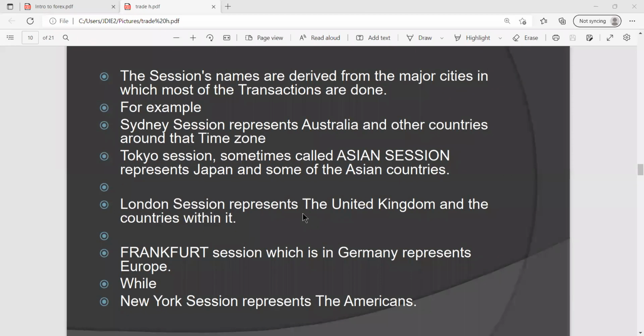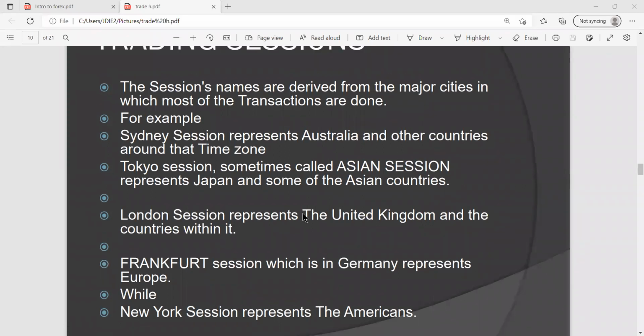Then we have the Frankfurt session, when we are almost at dawn, the Tokyo session, which is midnight, and the Sydney session, around the Australian countries. So you can find the session names and the countries they represent. Ghana falls in the same time frame as the United Kingdom, so we pick the London session.